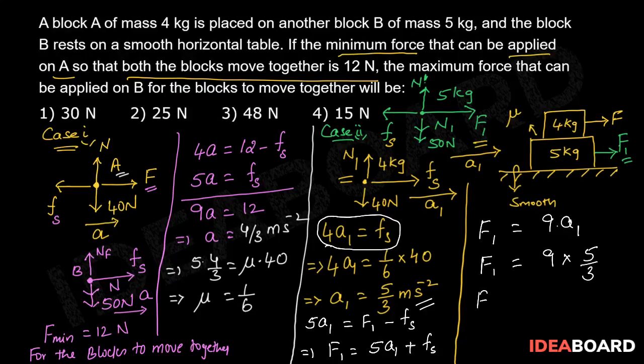So F1 is equal to 15 newtons. Therefore, the maximum value of applied force for which both the blocks will move together is 15 newtons. Therefore, the correct option is 4.